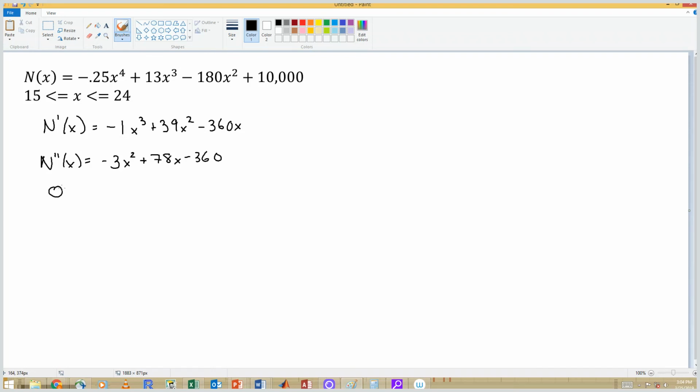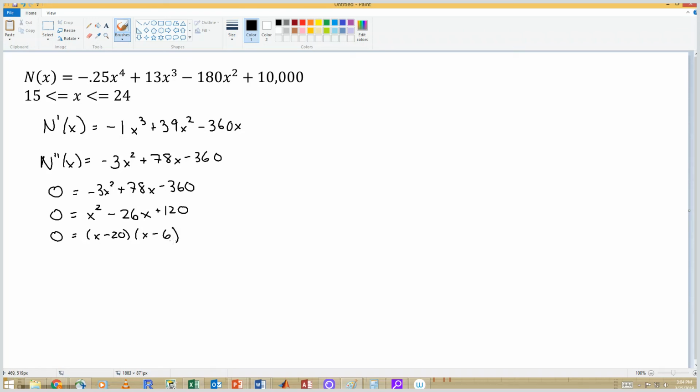So we'll say 0 equals negative 3x squared plus 78x minus 360. We can factor out a negative 3 and we end up with x squared minus 26x plus 120. And inspecting this, I can see the factors are x minus 20 and x minus 6.